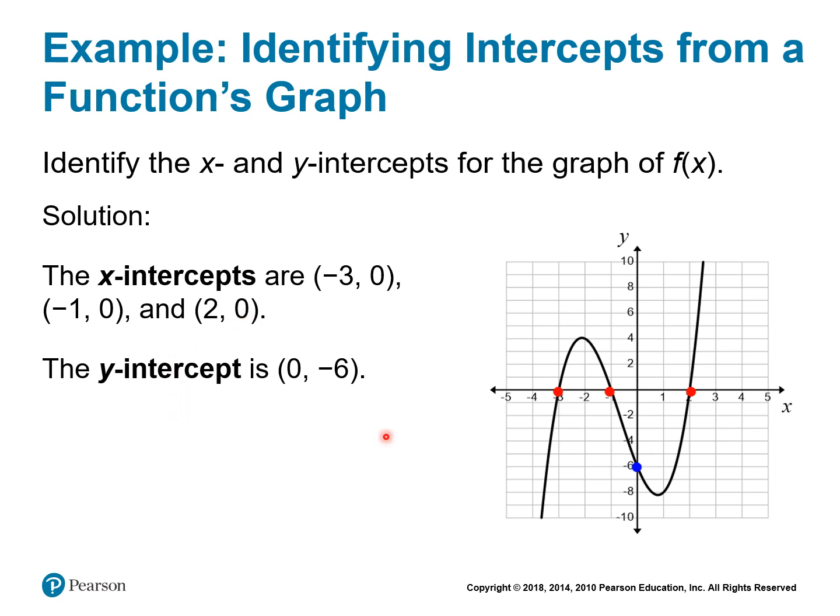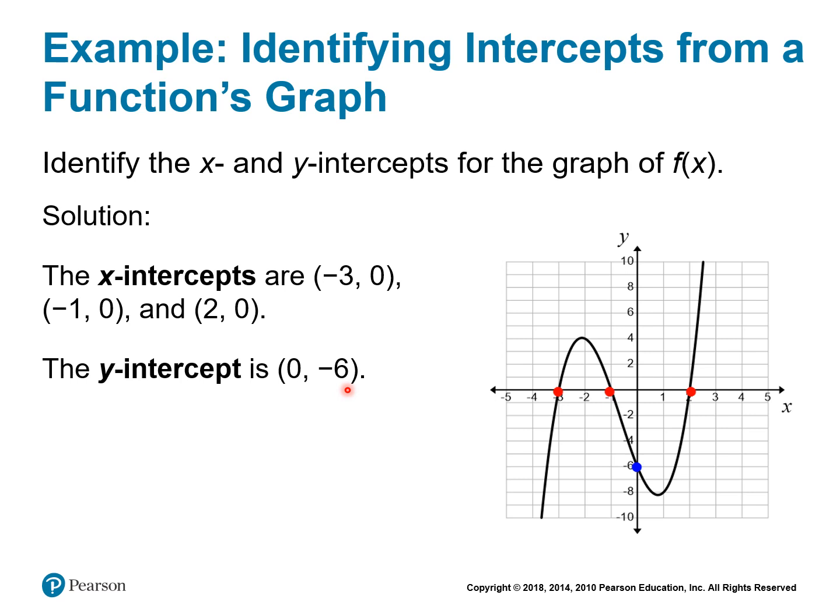For the y-intercept, the x value will always be equal to 0. So let's locate the point here. This is where the graph crosses the y-axis, and over here the y value is negative 6, but the x value will always be 0, so we write it as 0 comma negative 6.